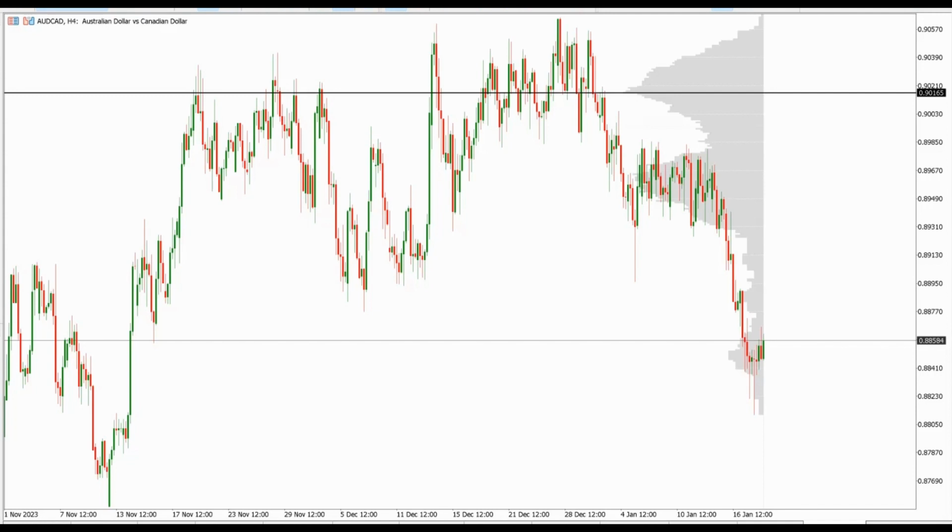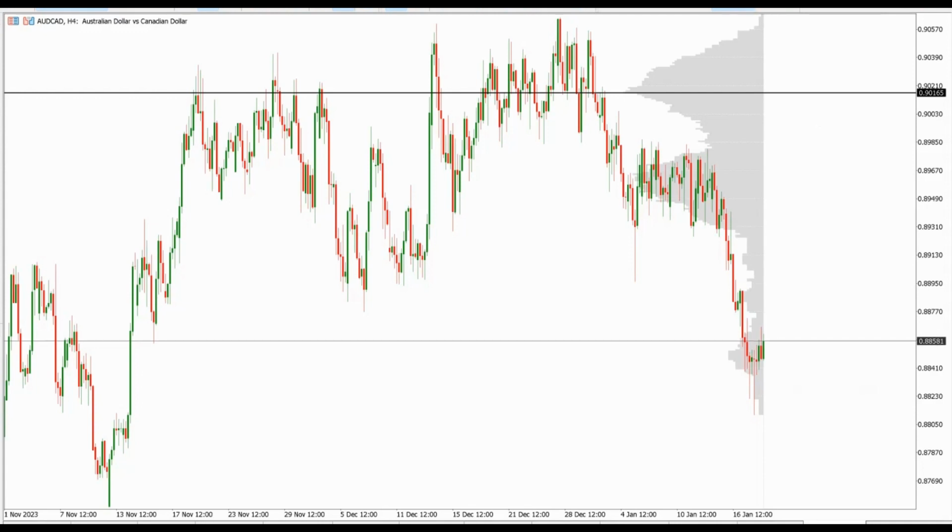Rejecting here, rejecting here. Now we've got the market ranging here, and the volume profile says we are looking to sell the market around this point on the 1 hour time frame.